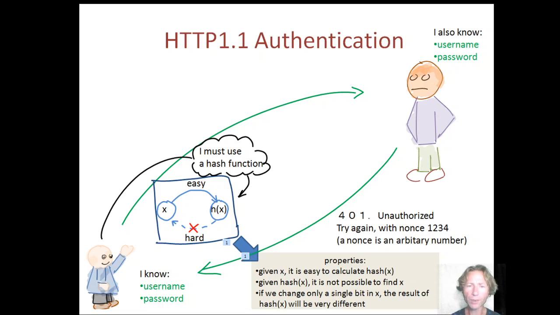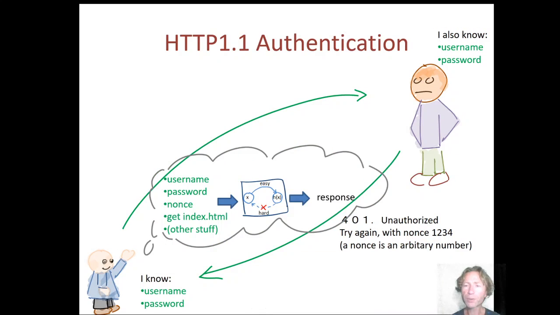Okay. The client then generates some hash over these fields that I mentioned earlier. So it provides a hash, and we all know what a hash function will do. It's really difficult to determine the input that created the outcome of that hash. So it's easy to calculate the hash, and really hard to do the inverse. It creates this hash over things such as the username, the password, the nonce, the method that you're using, the document that you're after, and some other stuff. And that is going to be part of your response.